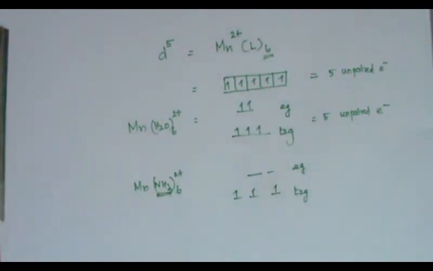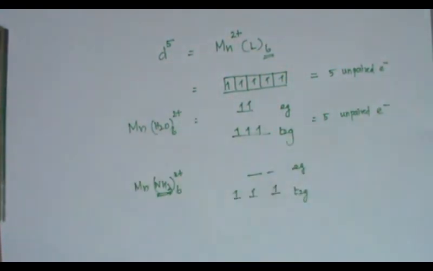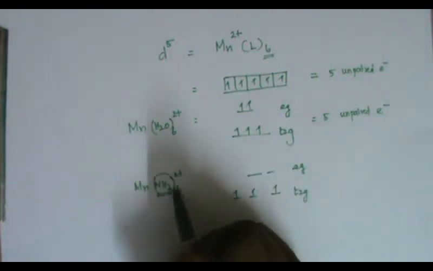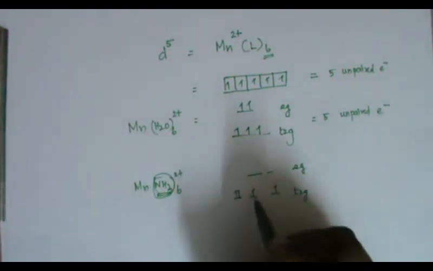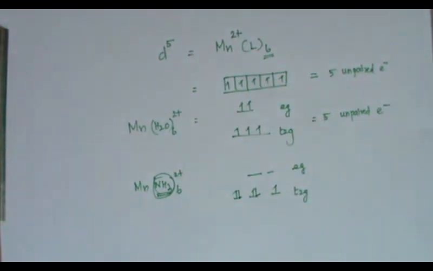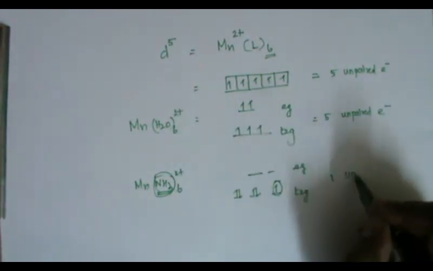Now the next, fourth electron has two possibilities. It can go to the Eg level or it may be paired up here. Since the energy difference is high in the case of strong ligand, it prefers to pair. So what we get is this configuration. So there is only one unpaired electron.